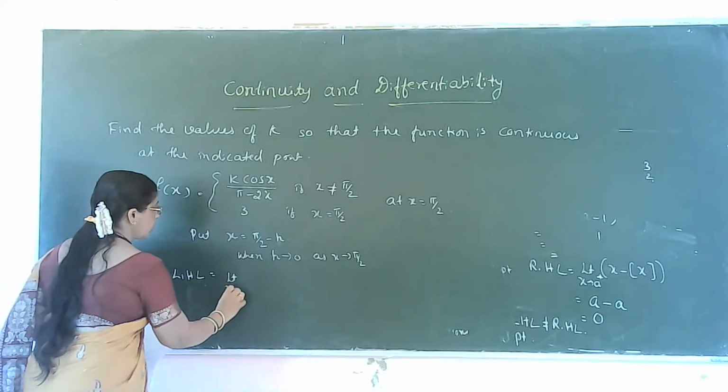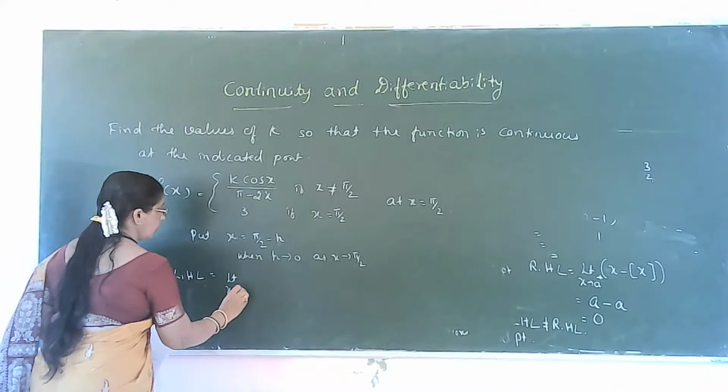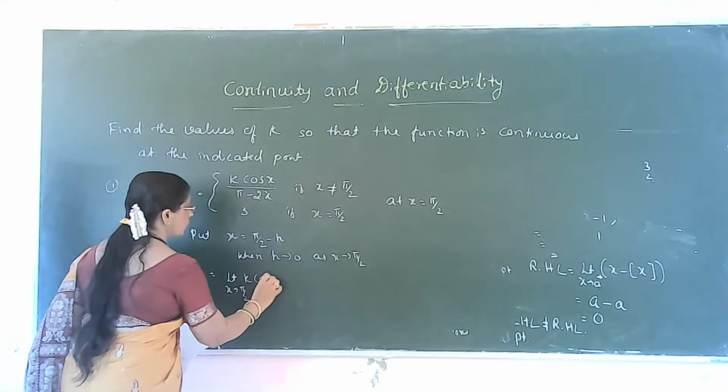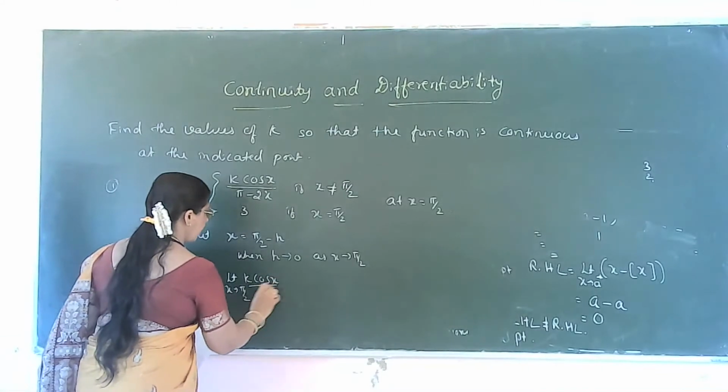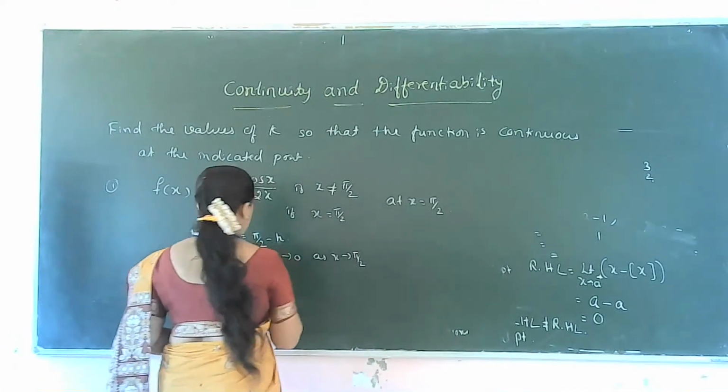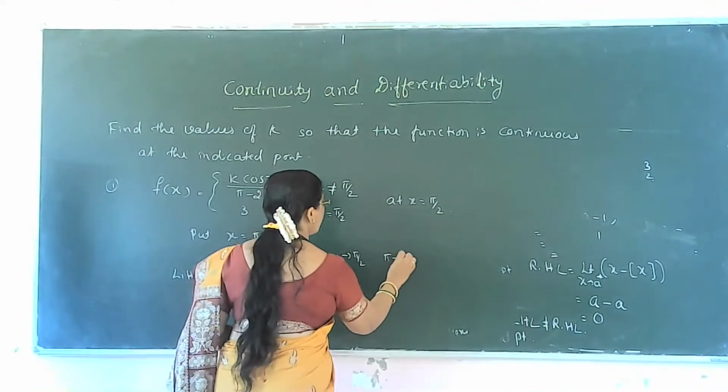Limit of x tends to 5 by 2, k into cos x divided by 5 minus 2x. We have to write the 5 minus 2x value.